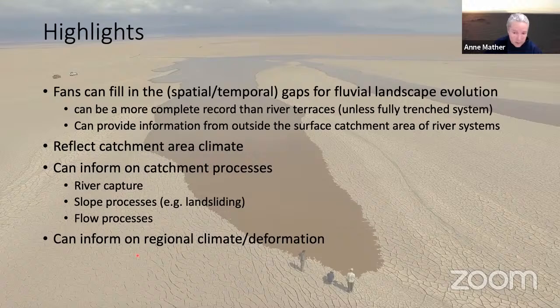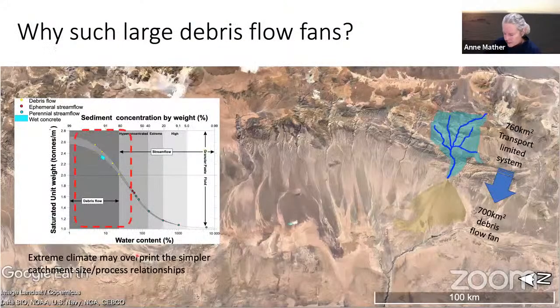So that's more likely to be related to the erosion in relation to the tectonic activity within the catchment area. So we can start to tease out information, which can then feed into the information we get from any of our fluvial archive records in the more traditional sense, in other words, the terrace records.